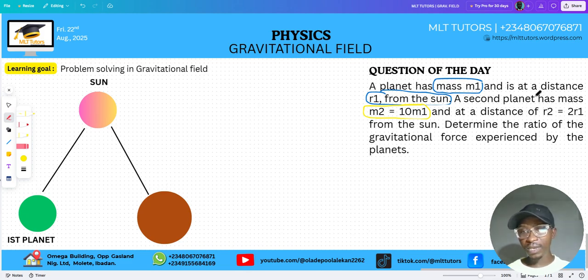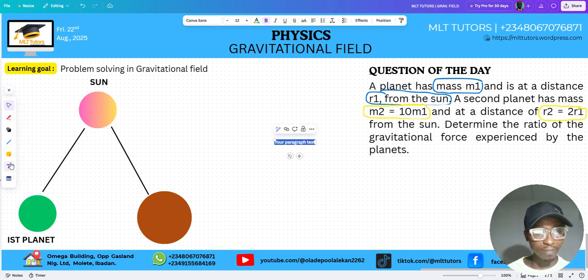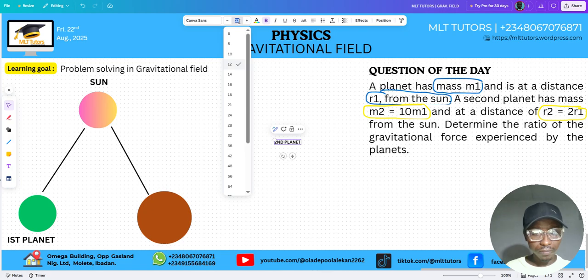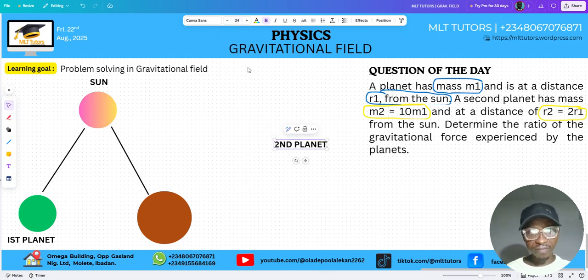So the second planet has a mass m2 equals to 10 m1, and the distance of the second planet is r2 and is equals to 2 of r1. All right, let's label that as well. Let's label our second planet. Perfect. Here is our second planet.